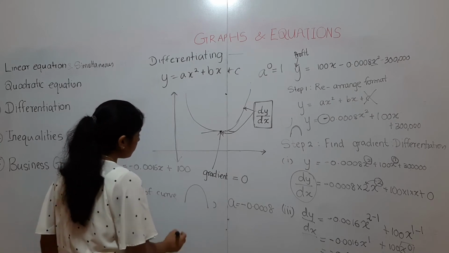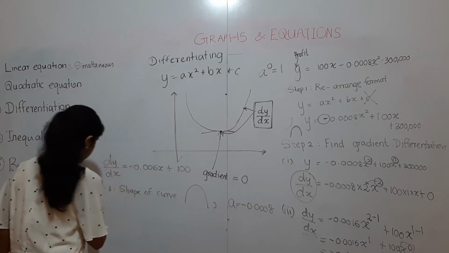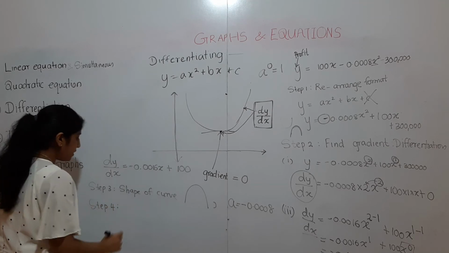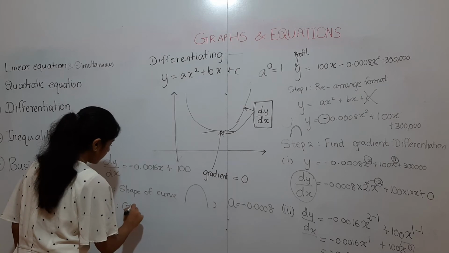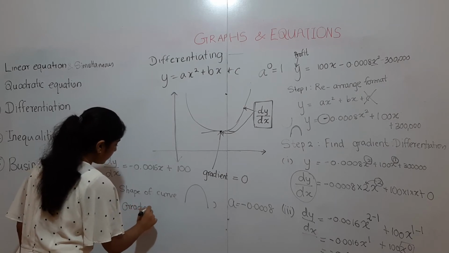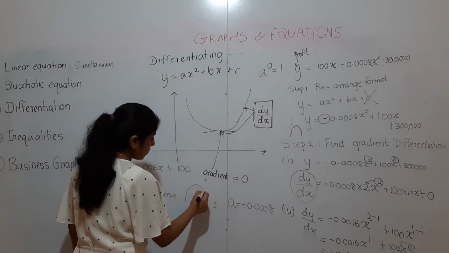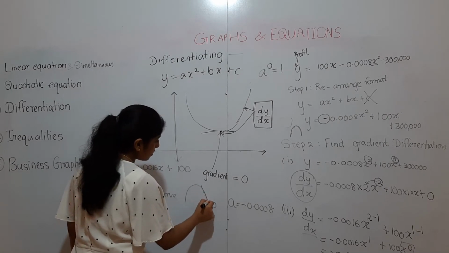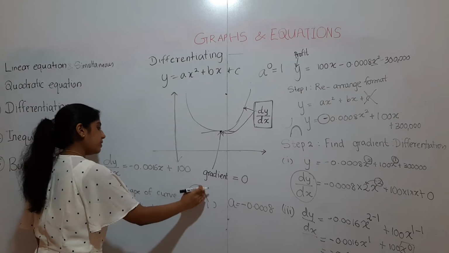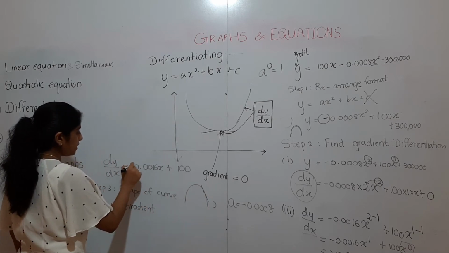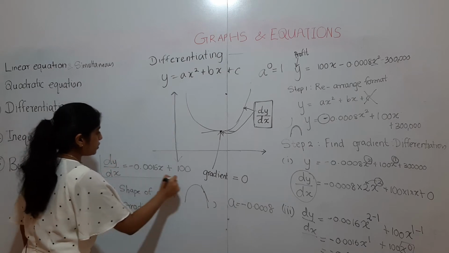Okay, now you know step 4. First they want to know the gradient. Now, to find the gradient, you can select a point and draw a slope which is touching the curve. Now, substitute figures into the gradient formula, which is this.